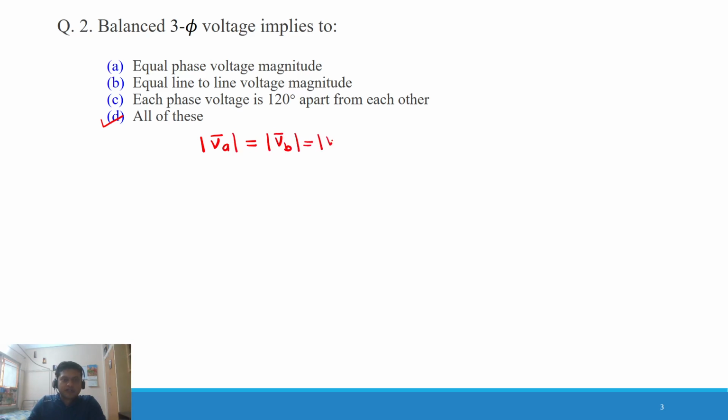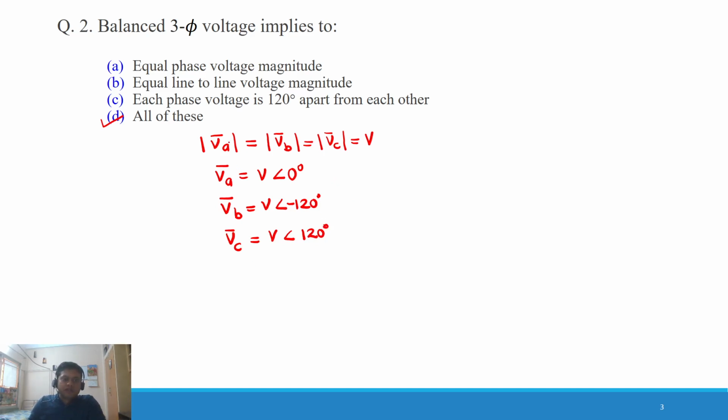VA equals VB equals VC, and let us suppose it has a magnitude of V. If we write it in phasor form, taking the angle of phase A voltage at 0 degree, then phase B will be displaced by an angle of 120 degree, and phase C is also displaced from phase A by 120 degree, having phase sequence ABC.